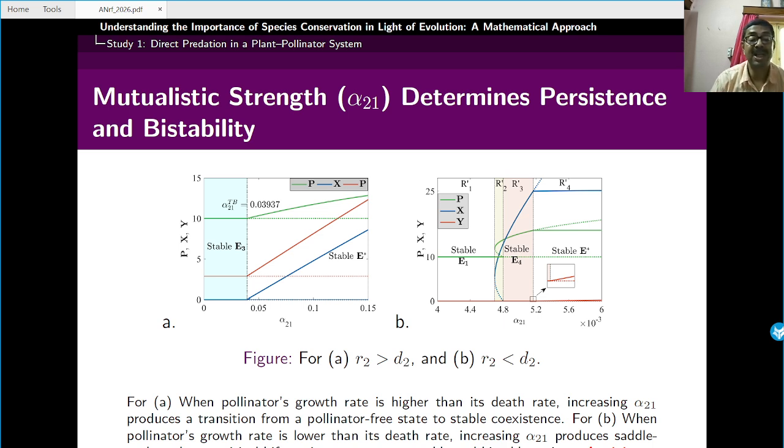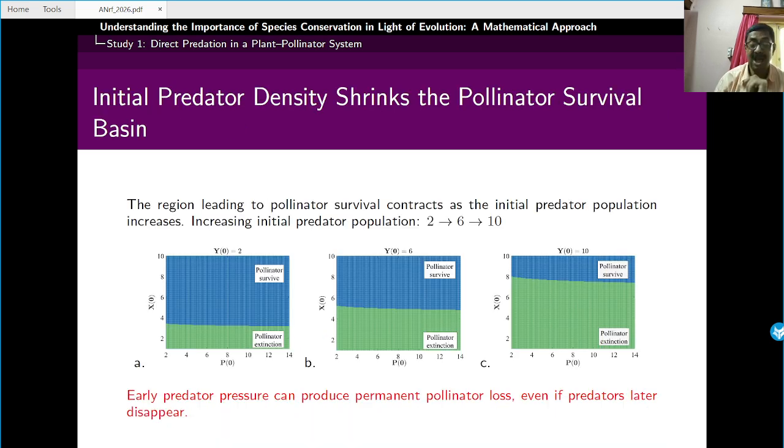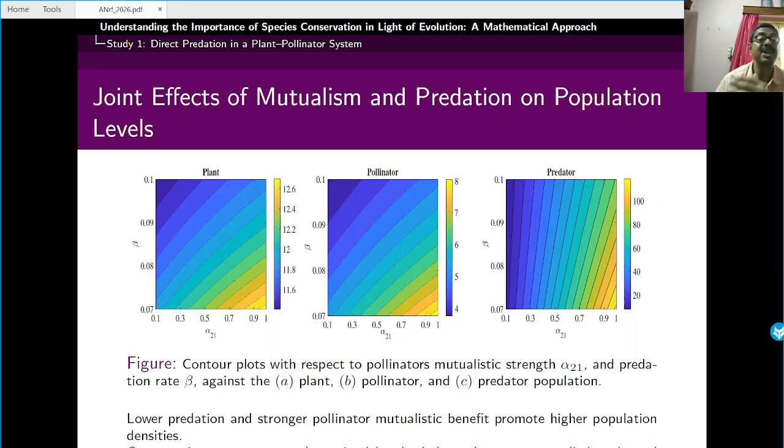We observe that when the pollinator's growth rate is higher than its death rate, increasing the mutualistic strength produces a transition from a pollinator-free state to stable coexistence. Initial predator density shrinks the pollinator survival basin. This is the joint effect of mutualistic strength and predation, and we say that lower predation and stronger mutualistic benefit promote higher population densities.